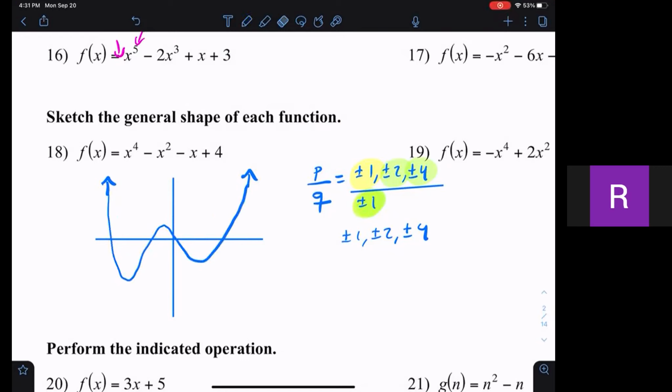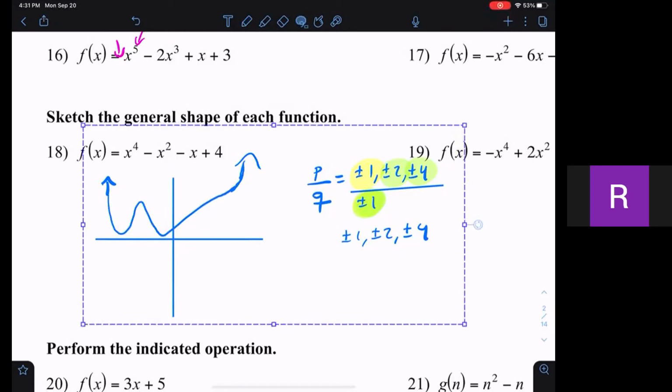But since they don't cross the x-axis, right? So you might have something like that. We don't know exactly, right? We do need a graphing calculator. Since this test is not graphing calculator, I don't think they're going to give you that. There are ways to do it, but I don't think they're going to ask you this question because it's time consuming. You don't have a calculator.